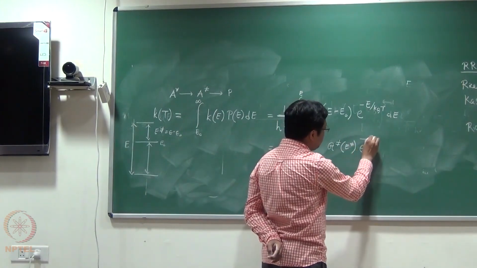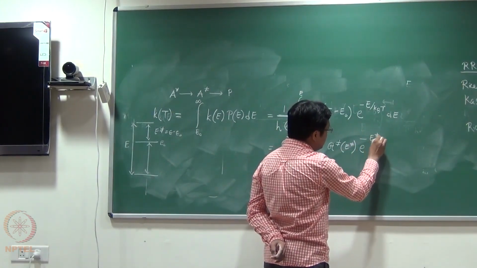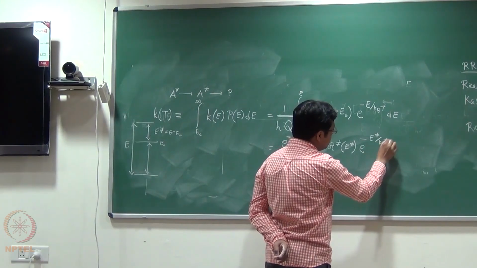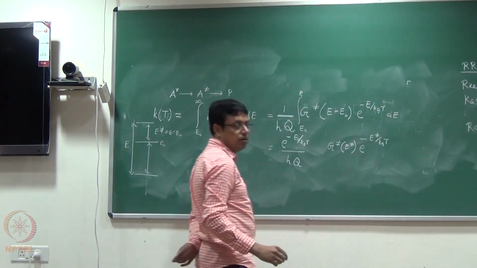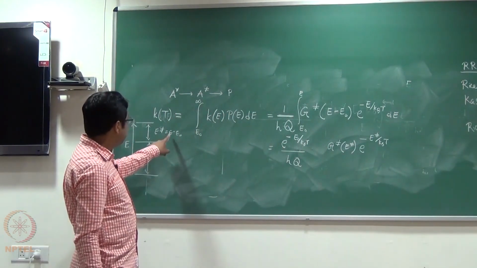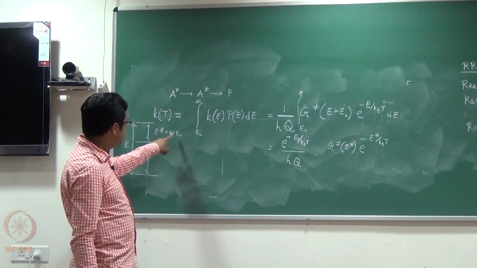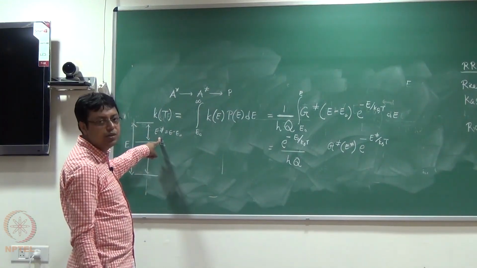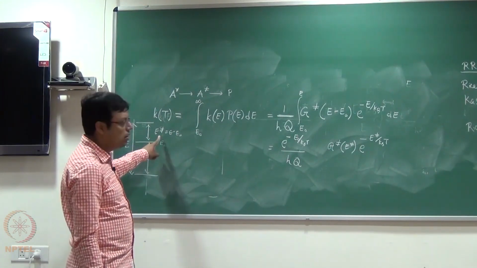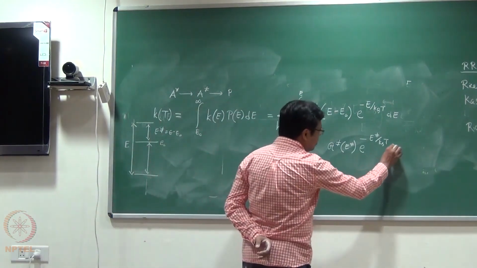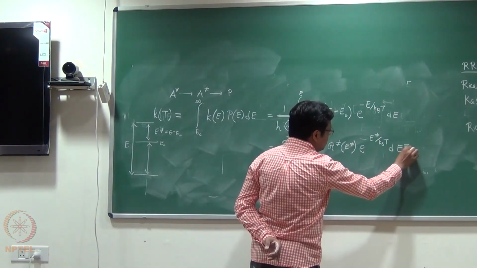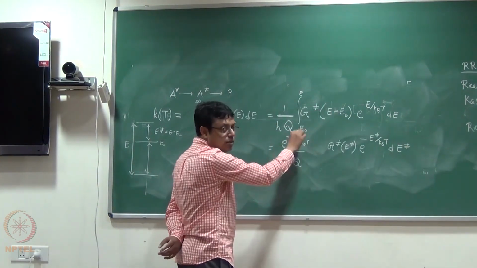This is basically e to the power minus E dagger by kT. What is your dE dagger? dE is nothing but dE dagger, because E0 is a constant. So the changing variable only resulted in taking out a factor which is e to the power minus E0 by kT.